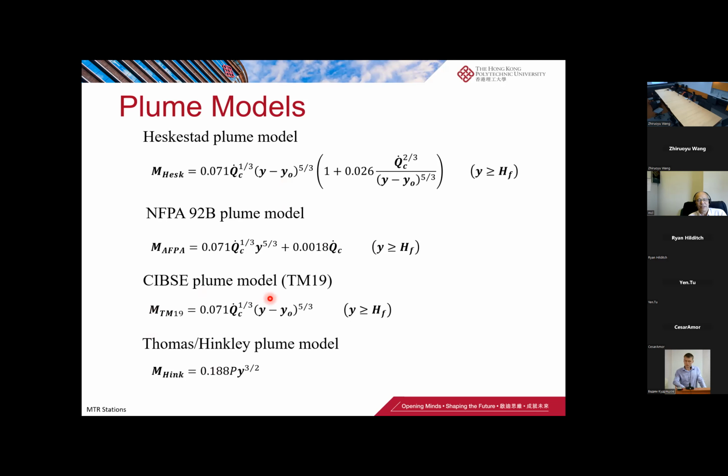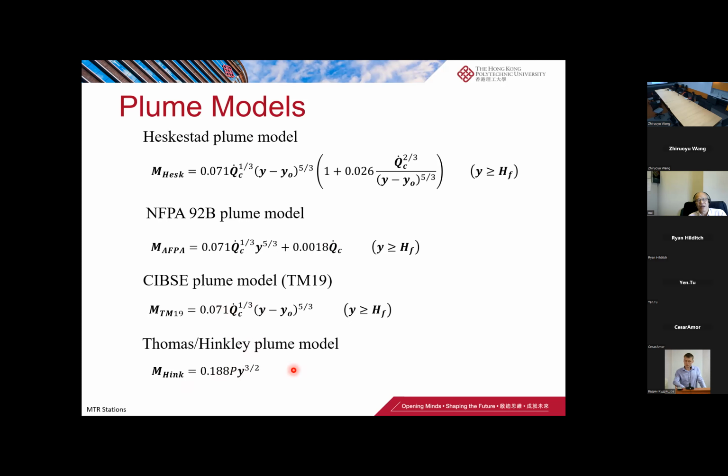ASIB's model is for the UK, recommended in the ASIB guide E. This is also the same as the Hesketad model, but drops the second term in this bracket. The Thomas Hinckley model is based on published data for large fire sources. This model has no heat source term but uses the perimeter of the fire instead.